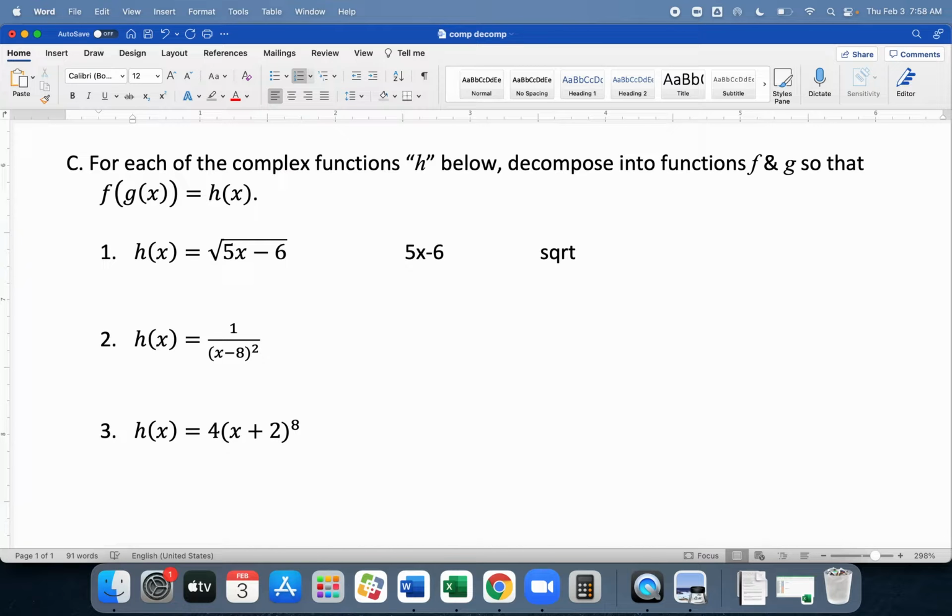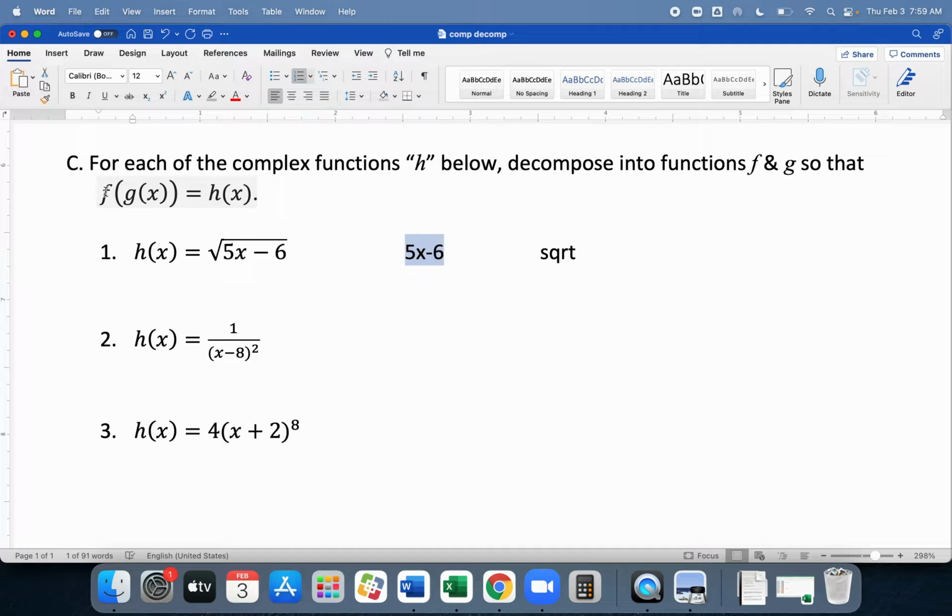So if I wanted to make a function f and a function g so that f of g of x comes out to this, thinking about order of operations, if you were evaluating the square root of 5x minus 6 manually, you plug in the x, multiply by 5, subtract 6, and then take the square root. So the first piece is the linear part, which you could split into two parts, the multiply and the subtract. But let's say this is our first part.